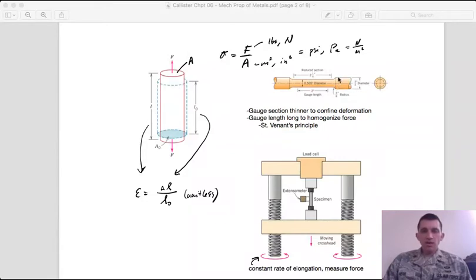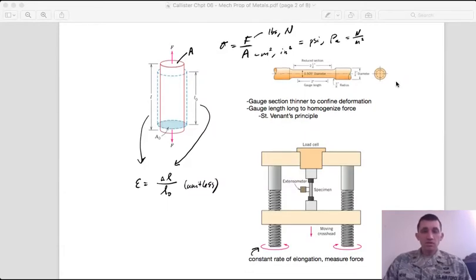And so those ends are thicker and heavier than the middle section. The idea is that you want to control where the sample will elongate, deform, and ultimately fail within a section that you can measure the strain during that process.